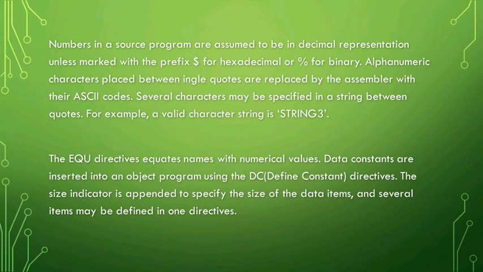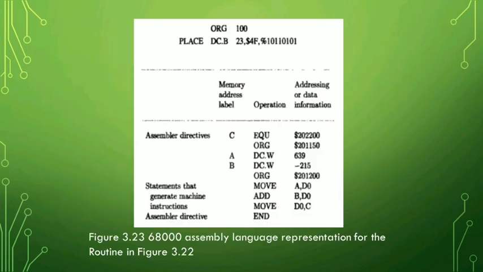The starting address of a block of instructions or data is specified with the ORG directive. The EQU directive equates names with numerical values. Data constants are inserted into an object program using the DC directive. The size indicator is appended to specify the size of the data items, and several items may be defined in one directive.